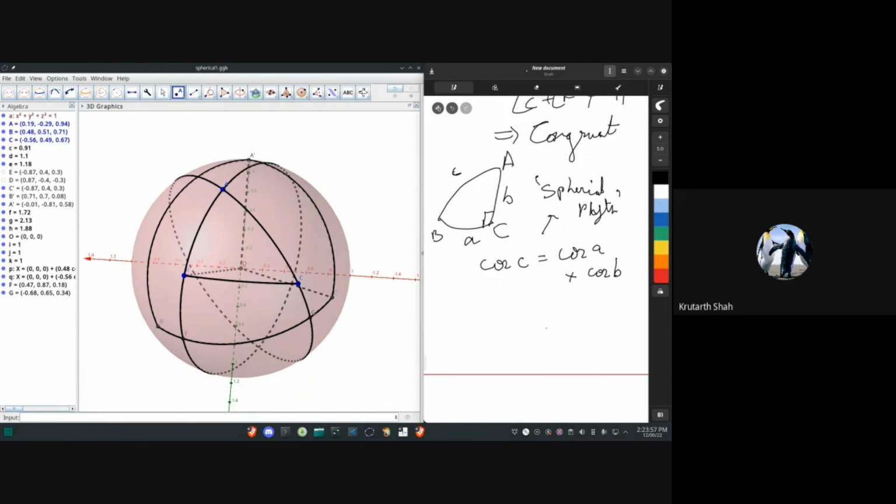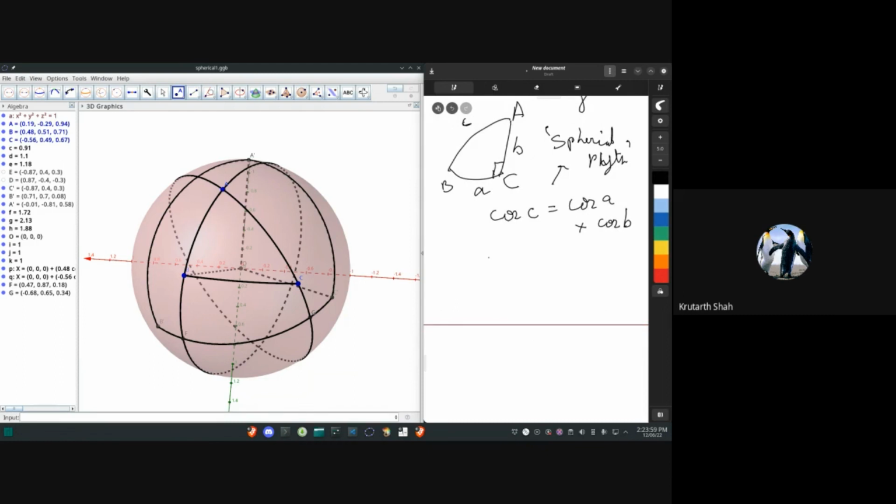Using this, you can prove the spherical cosine rule. You can try to prove these on your own. You have to use dot products and cross products if you know what those are.